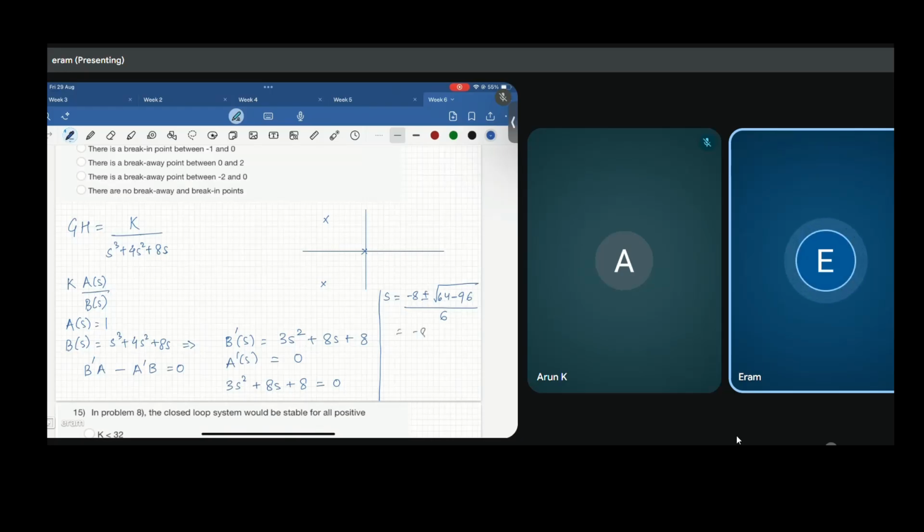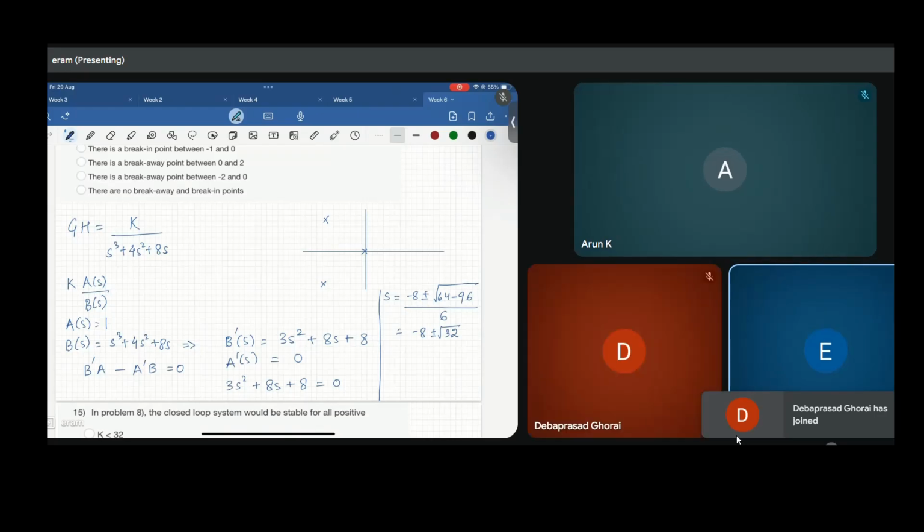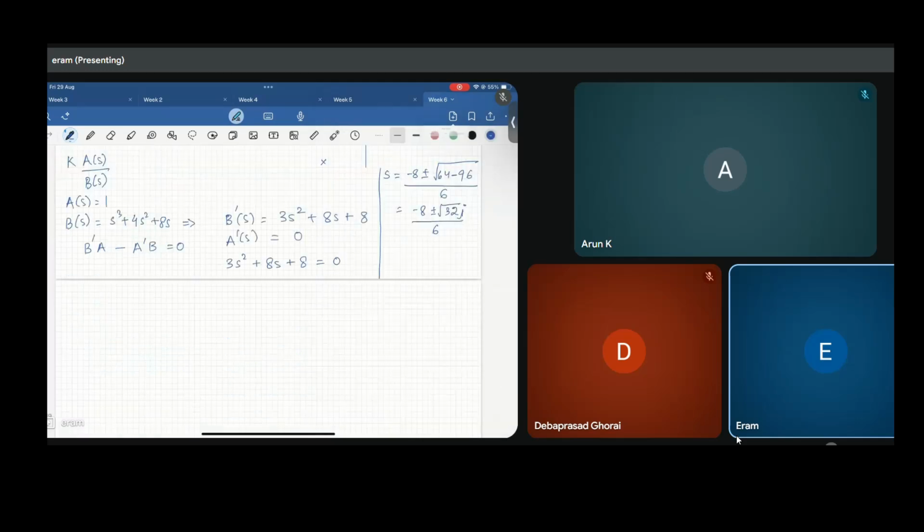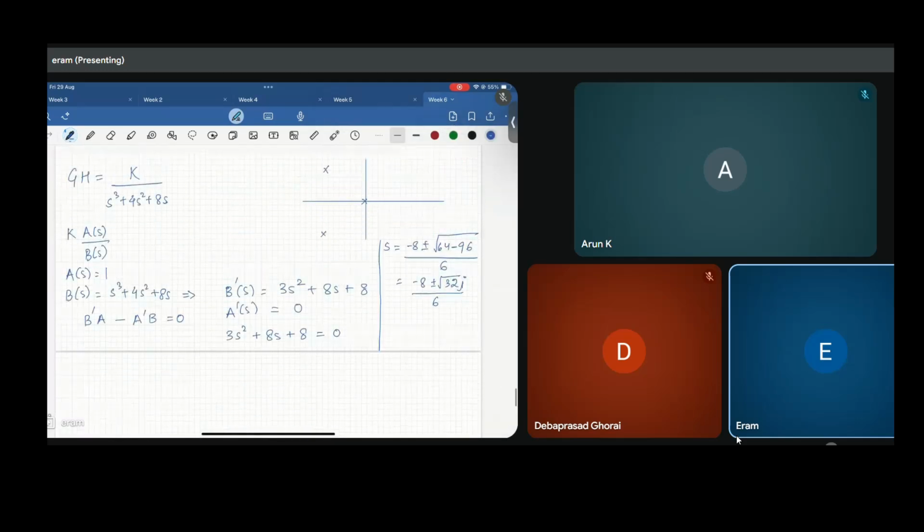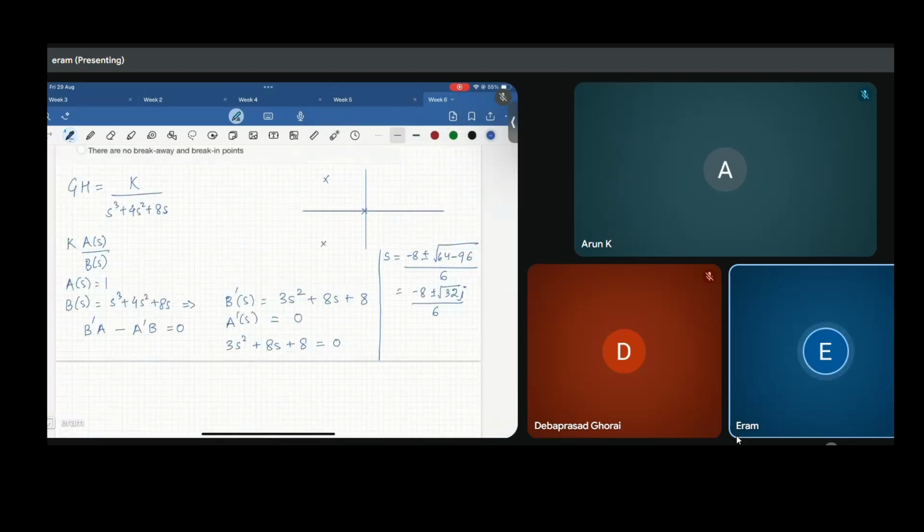So this will be minus 8 plus minus some value, it will be 4 root 2 j, divided by 6. Okay, so some s we are getting, and first of all this s is imaginary.